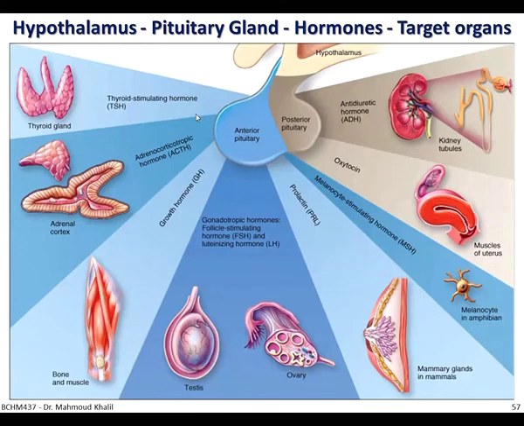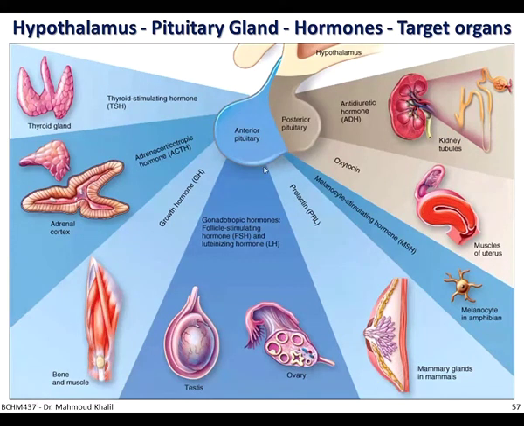For the anterior pituitary gland, the number of hormones is much greater. It releases the thyroid stimulating hormone, which will affect the thyroid gland, as well as adrenocorticotropic hormone, which will affect the adrenal cortex of the adrenal gland. The growth hormone affects a lot of things, but majorly bone and muscles. It also secretes gonadotropic hormones like FSH, follicle stimulating hormone, and luteinizing hormone, which will affect the gonads, either testis or ovary.